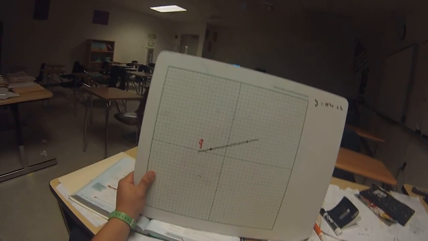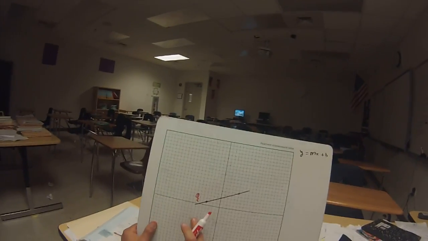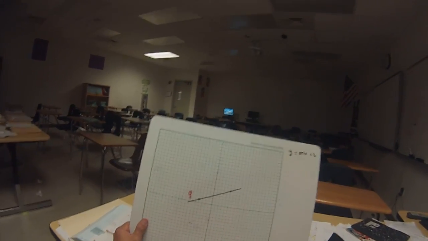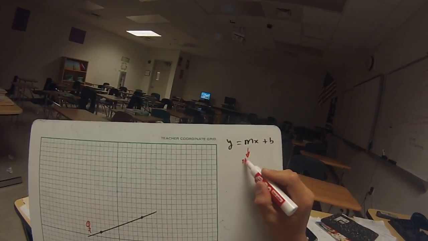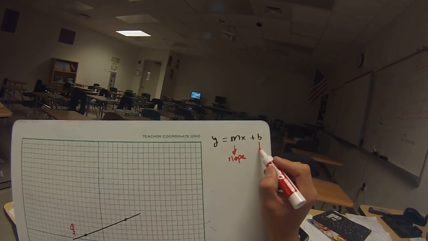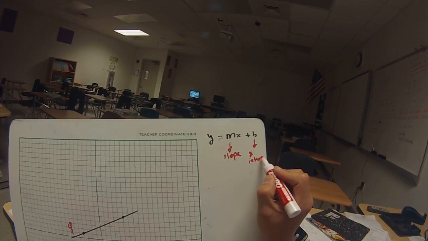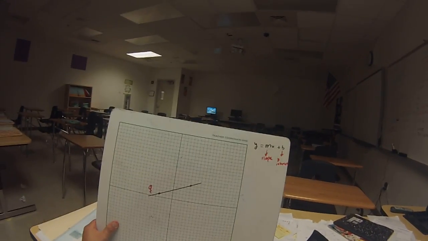He's going from one end to the other end, so that means it's going up. If he's going up, it's a positive slope. My m is my slope, and my little b is my y-intercept. Y-intercept little b, the slope is m.